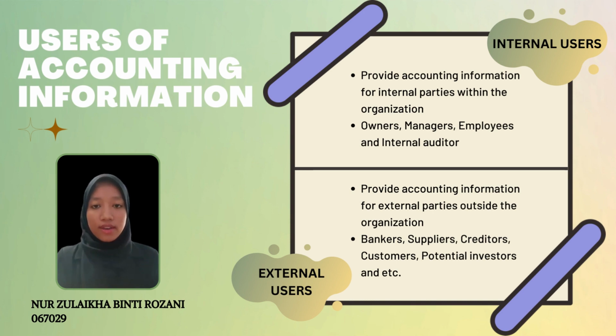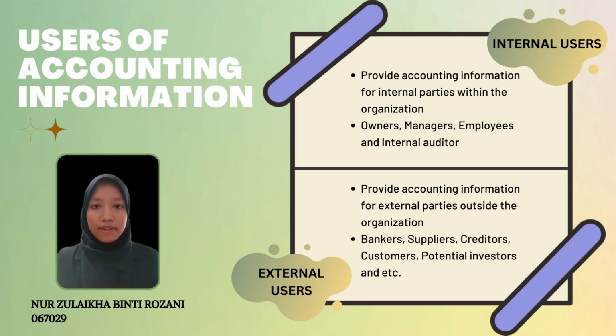Users of accounting information can be divided into 2 categories, namely internal users and external users. Internal users represent cost accounting and management accounting that provide accounting information for internal parties within the organization, such as owners, managers, employees, and internal auditors.